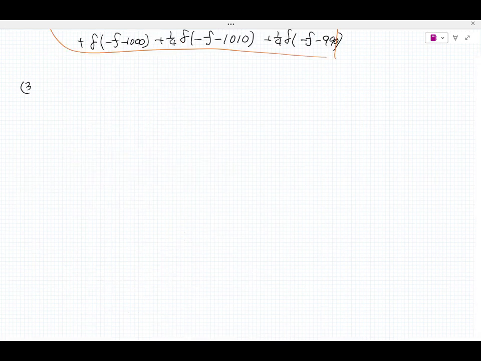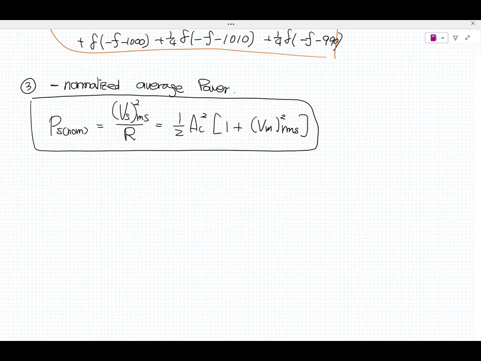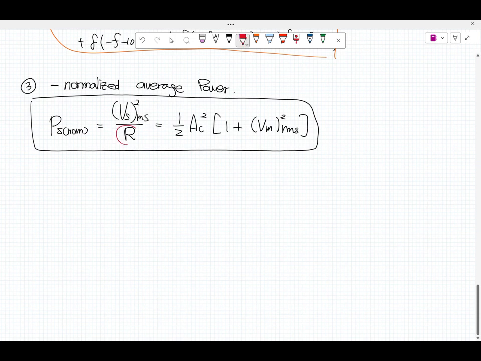First, the normalized average power. From the lecture, we learned that usually for normalization R is equal to 1. So the normalized power is the same as the square of the RMS, from the equation in our previous lecture. You can check. I'm going to write 1.